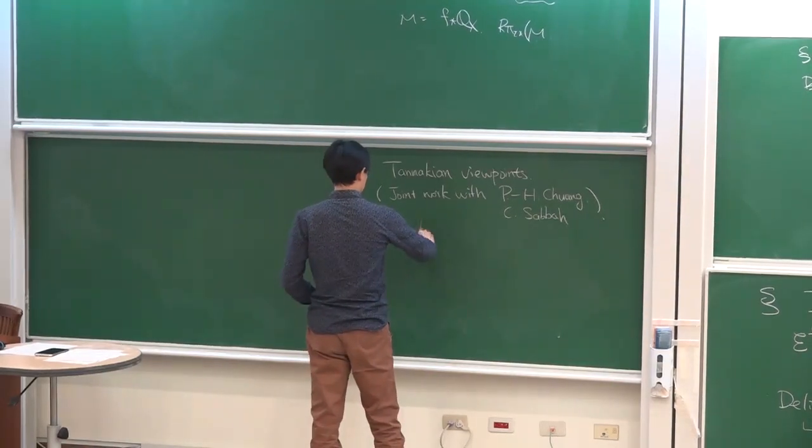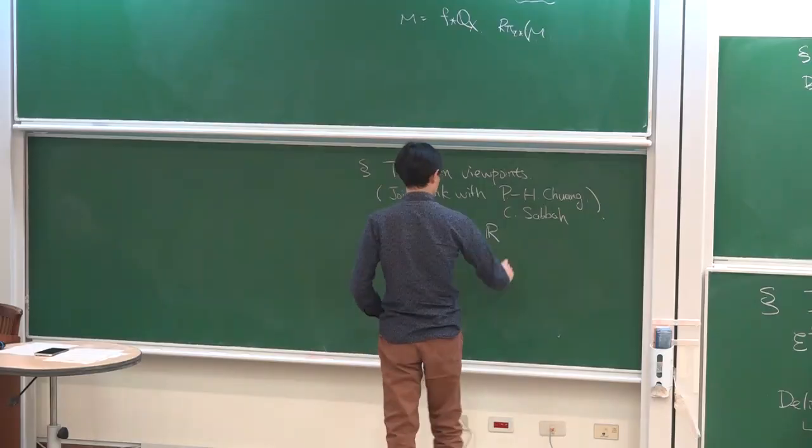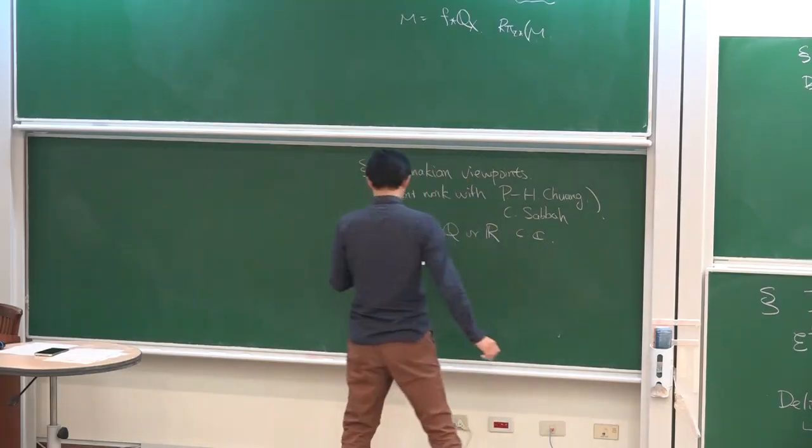So let's consider R to be either Q or the real numbers inside the complex numbers.